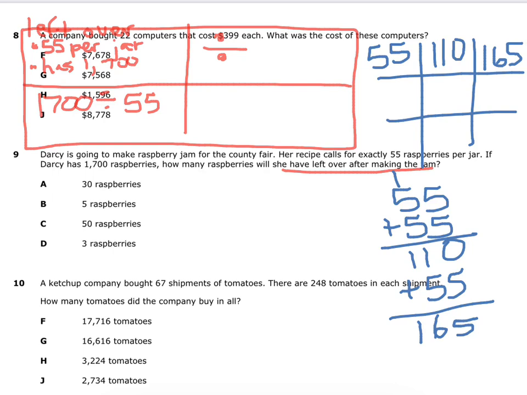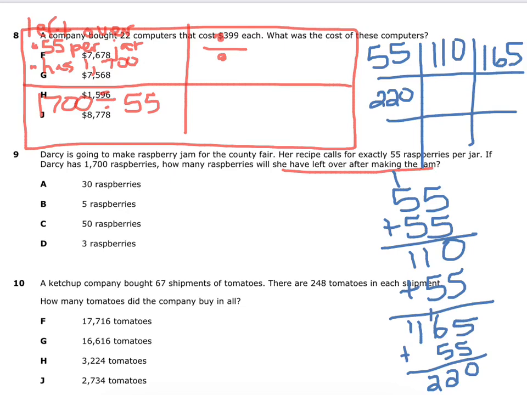That means 55 times 3 is 165. So let's add 55 more. 5 plus 5 is 10. 6 plus 1 is 7. 7 plus 5 is 12. And then 1 plus 1 is 2. So that's 220. Okay, so I'm going to stop there.